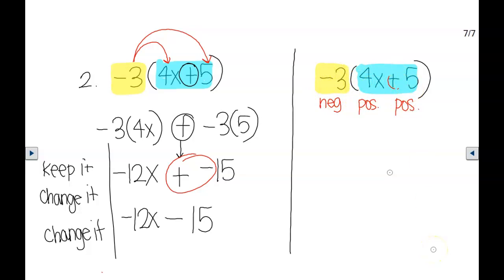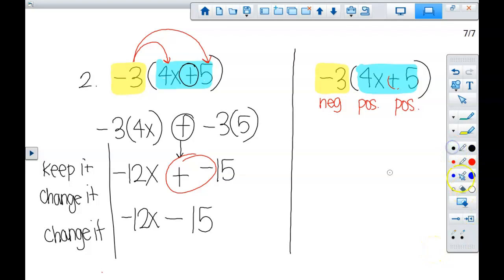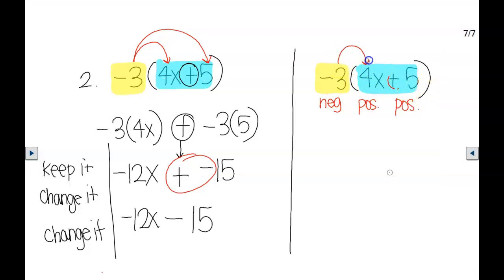All right, so here's how I want you to start doing these problems this year. You are still going to distribute, to multiply negative 3 times this entire group. You are going to do that, accomplish that, by multiplying negative 3 by each member of the group. So we're going to do negative 3 times positive 4x, and we're going to do negative 3 times positive 5.